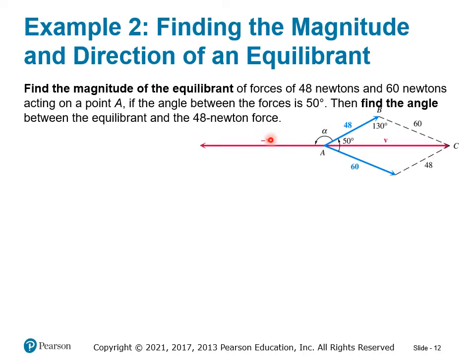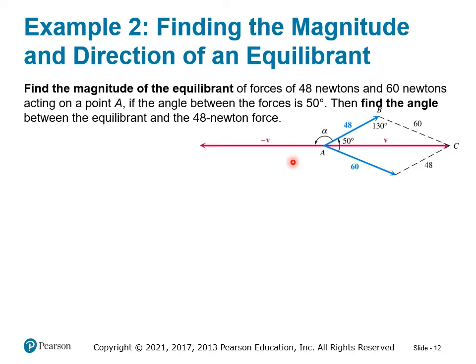And also, we're looking for the angle between the equilibrium and the 48 Newton force. Well, here's the equilibrium, and there's the 48 Newton force. And so we're actually looking for this angle, which is alpha.